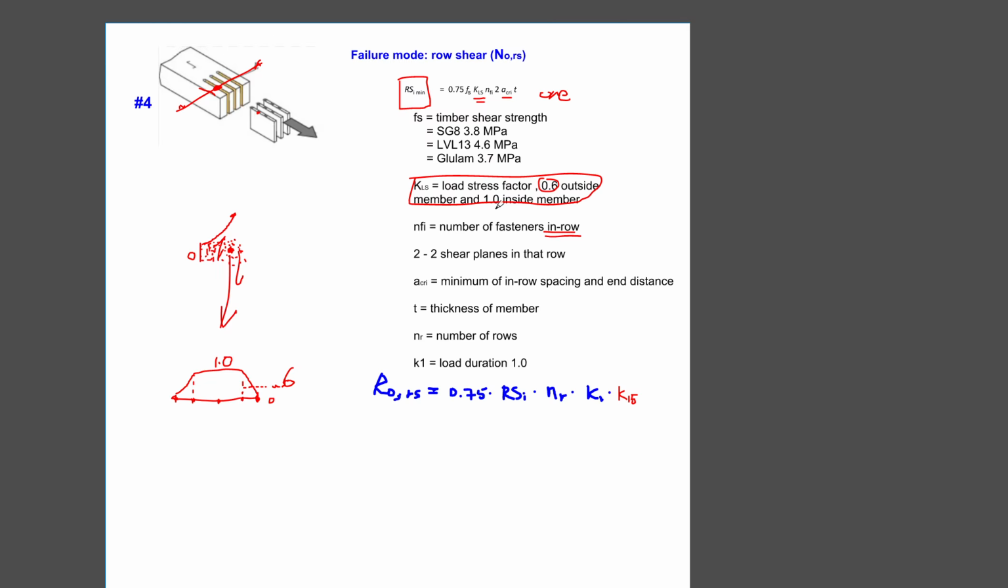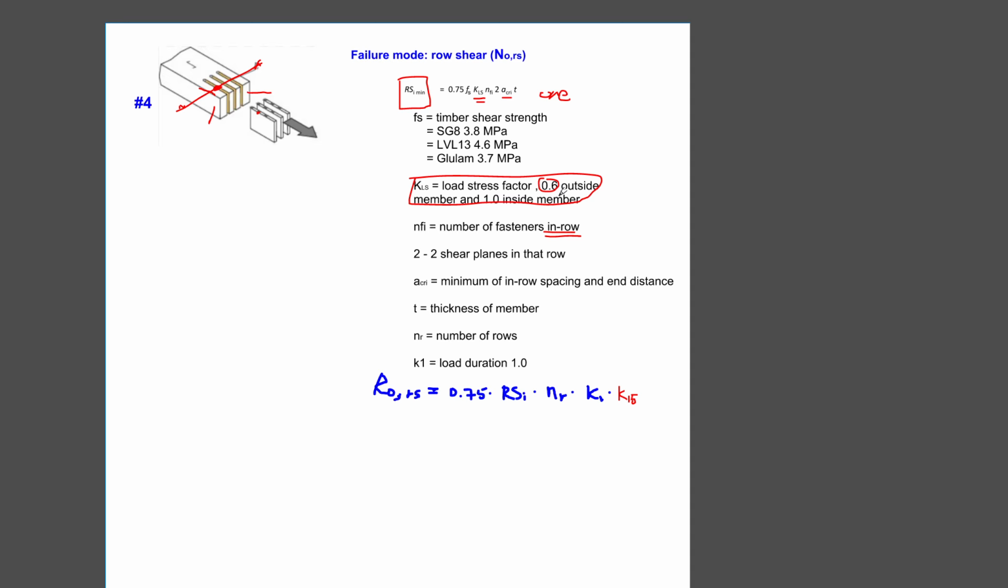It's all going to be 1.0, so no change in the stress profile. So if I were to do it accurately, my externals are 0.6 and my internals are 1.0. I essentially get my overall shear resistance reduced by 40%. That's what it means by using 0.6.